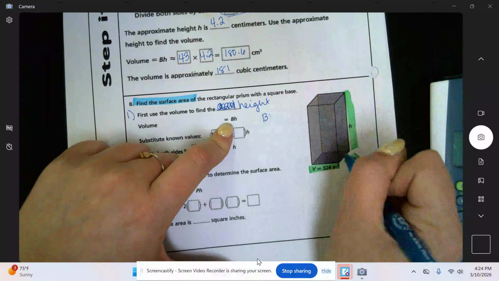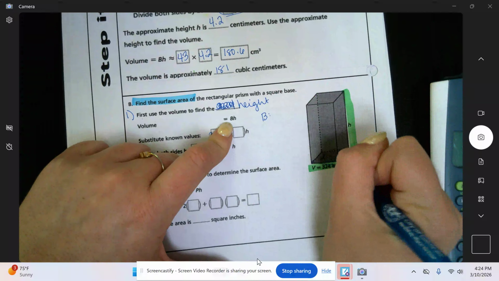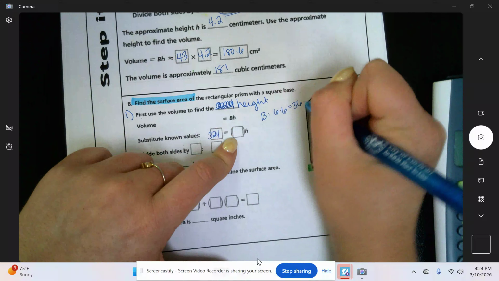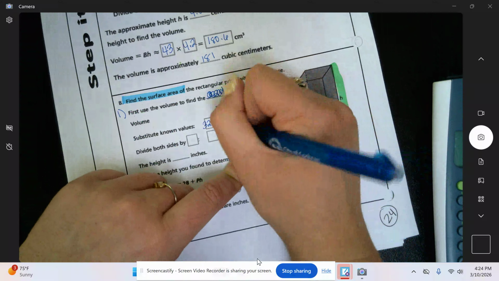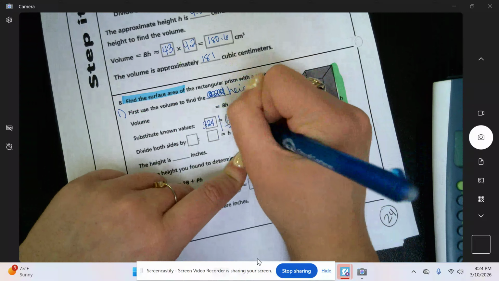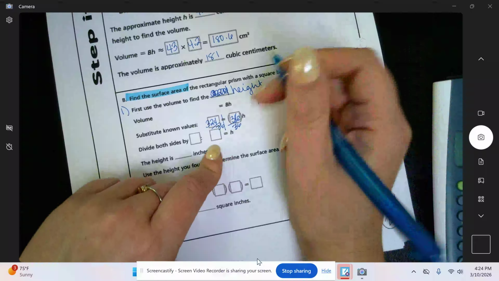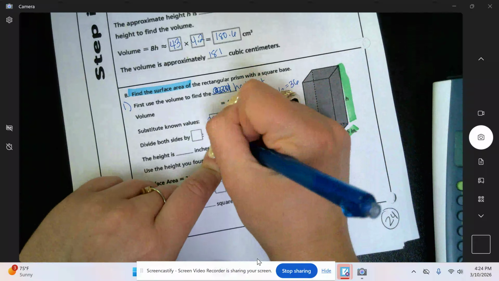Well, our base is a square, and you know how to find the area of a square. It's just length times width. So it would be 6 times 6, which gives me 36. From there, I can solve. I can divide by 36 on both sides. And so I end up with 324 divided by 36 gives me a height of 9.